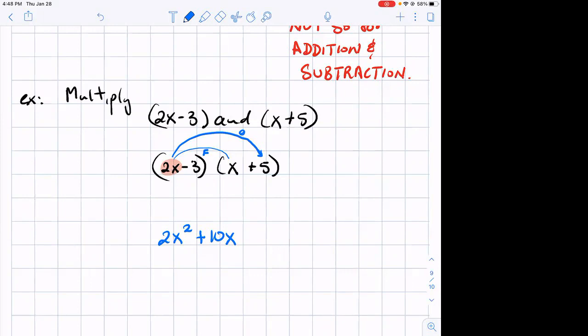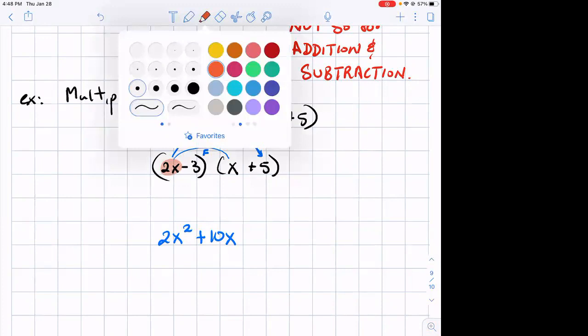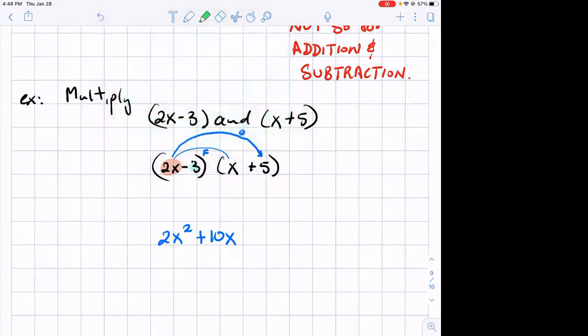And then there's nothing else to distribute that 2x to, right? If this was a trinomial, then we keep distributing the 2x, but there's nothing else to distribute it to. So now we move to the minus 3, and we distribute. The inner terms now, inner, right?